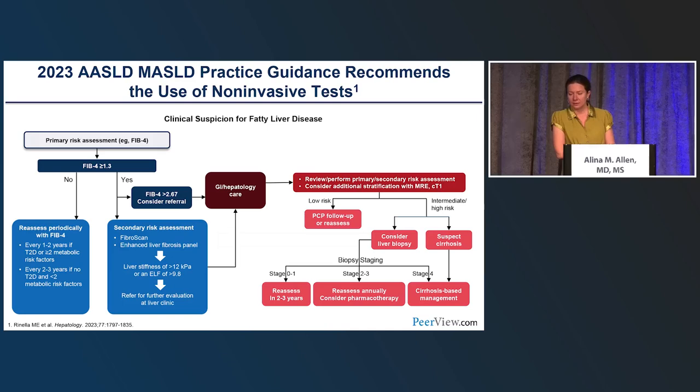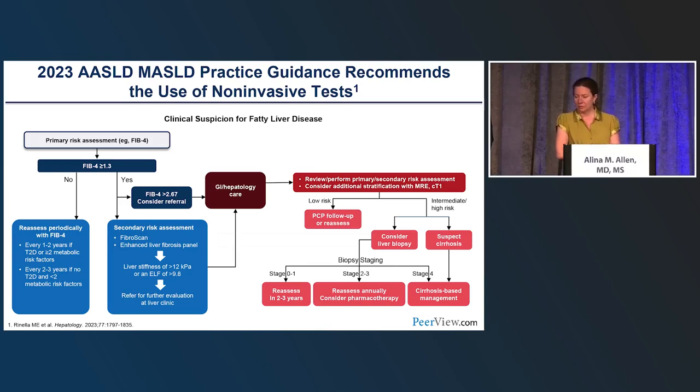If these are present, they need to be referred for further evaluation, or if the FIB4 is 2.67 or higher, they can be directly referred to hepatology. There are primary and secondary risk assessments depending on what has been done before, with additional stratification for clarification with MR elastography or corrected T1. If the disease is ruled out, they are back to primary care practitioners for follow-up.